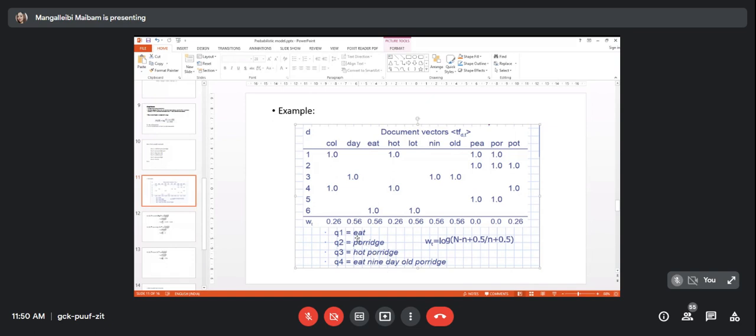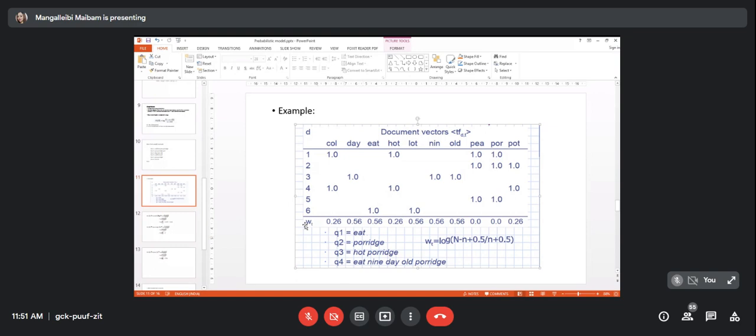Queries can be given like this, or otherwise you can find it for all the terms. If a particular query is given, you can find only for it. If it is given porridge, you can find only for porridge. But if I ask you to calculate for all the terms, then you have to find out for all the terms.